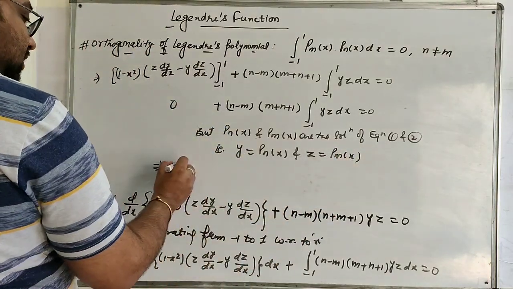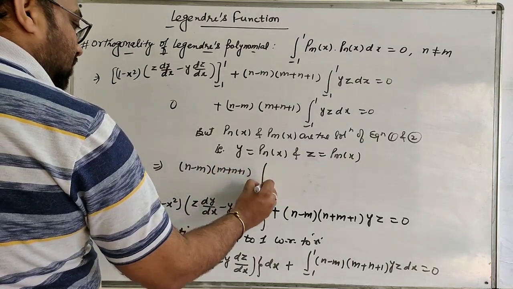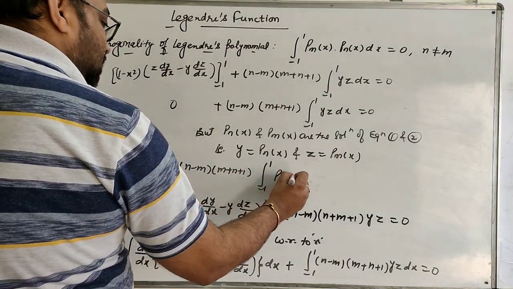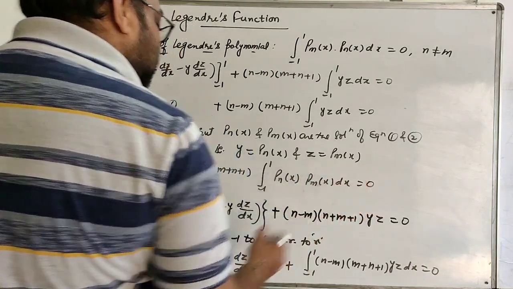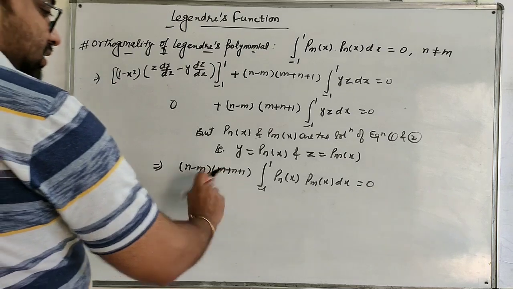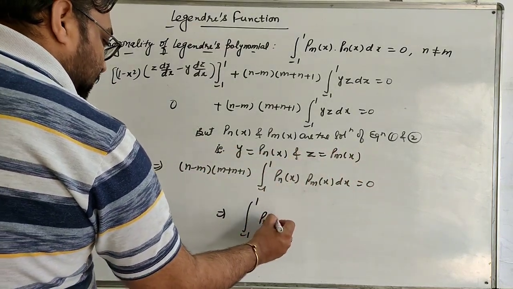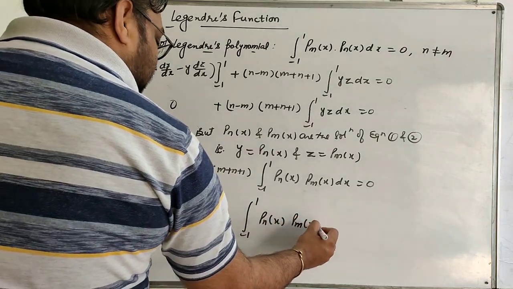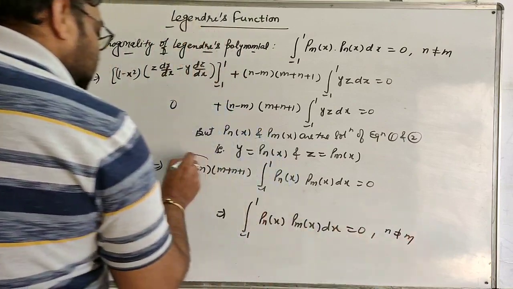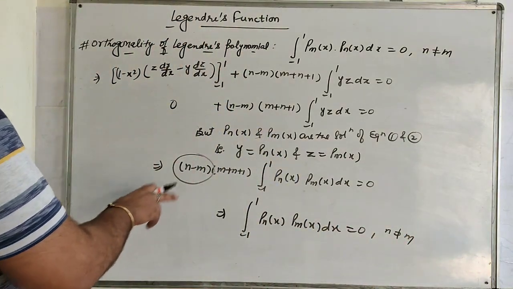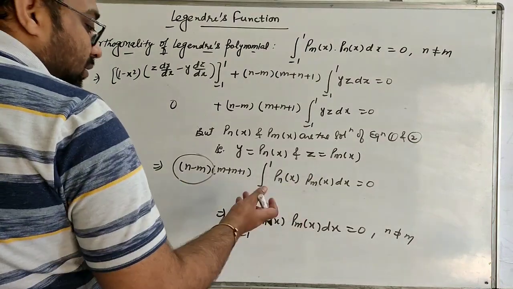So on replacing, (n minus m)(n plus m plus 1) integral minus 1 to 1 Pn(x) Pm(x) dx is equal to 0, or taking this to the right hand side, we get integral minus 1 to 1 Pn(x) Pm(x) dx is equal to 0 when n is not equal to m, since this n minus m is also there, and if n minus m is equal to 0, then n equals m, and this entire function will be 0.